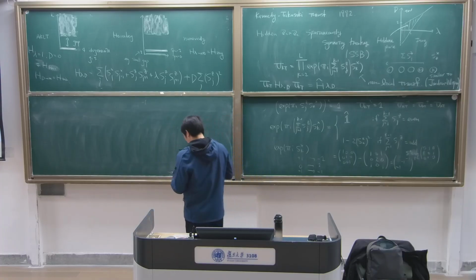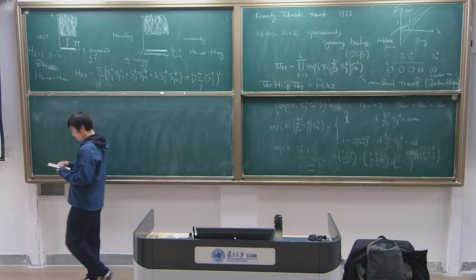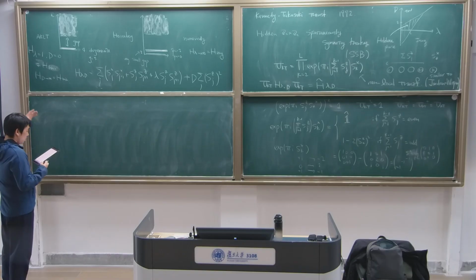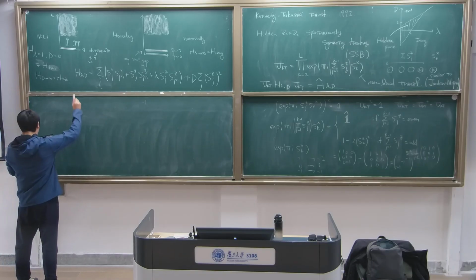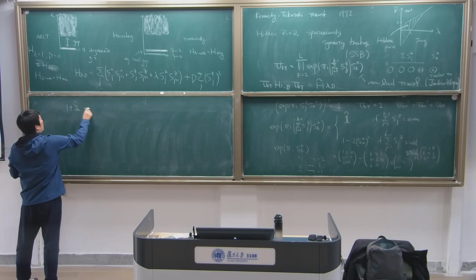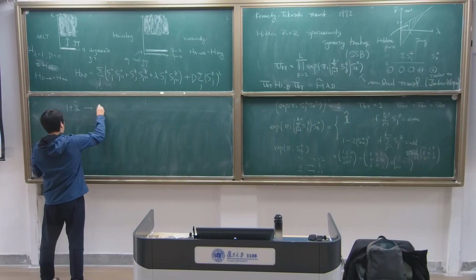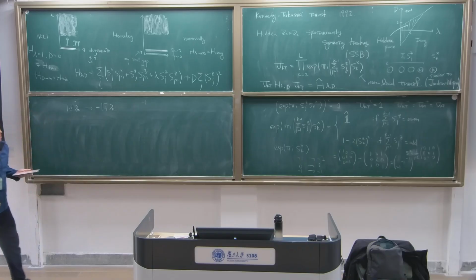Okay, and let's examine what it means. So this means that if you have a ket, plus or minus, it is mapped to minus or plus. Okay?